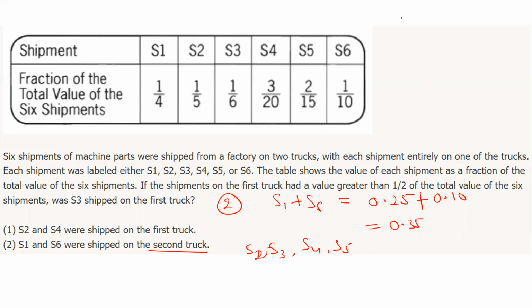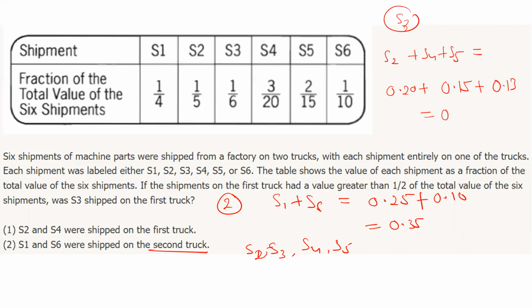So if I firstly ignore S3, and say that in the first truck, S2 plus S4 plus S5 are the 3 shipments in truck number 1. S2 was 0.20, S4 was 0.15, and S5 was 0.13.